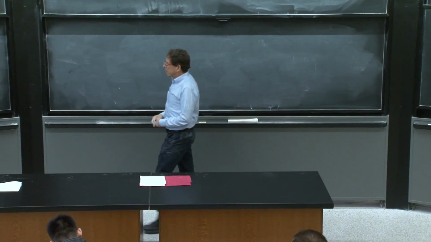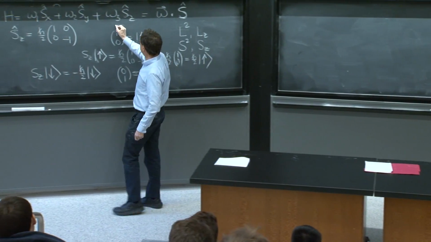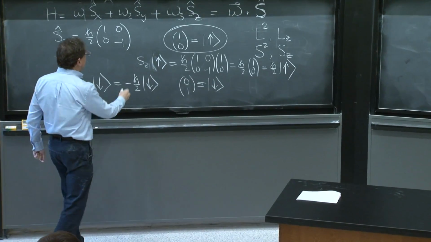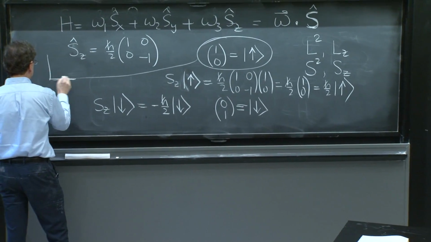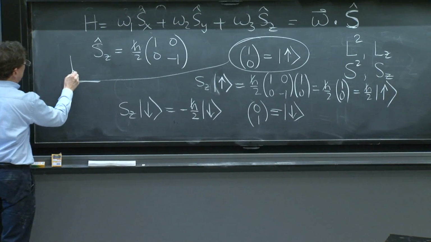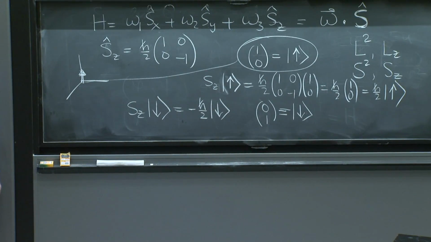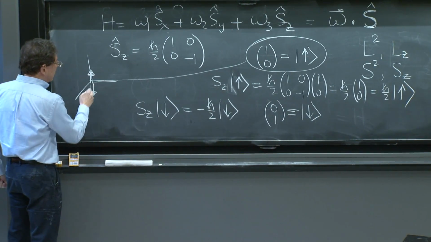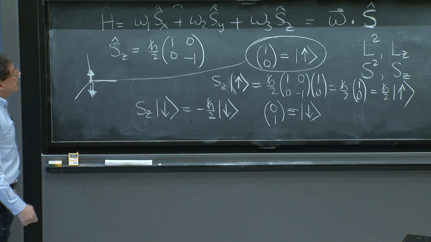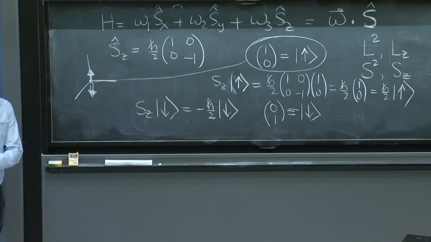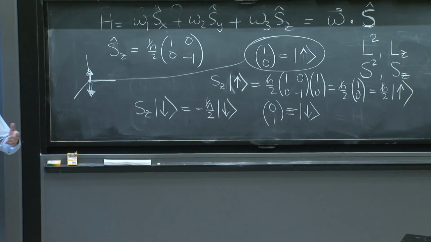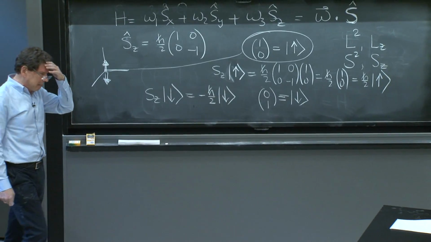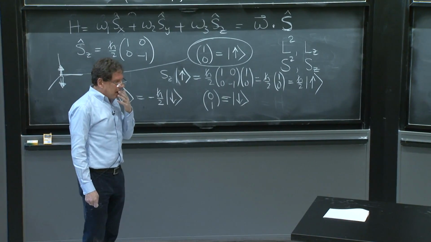You see, the interpretation of this spin state is that it has spin up in the z direction, because that's what you can measure, or spin down in the direction of Sz. Can I get spin states that point along the x direction or y direction? And here is where the problem seems to hit you, and you say, I'm in trouble.